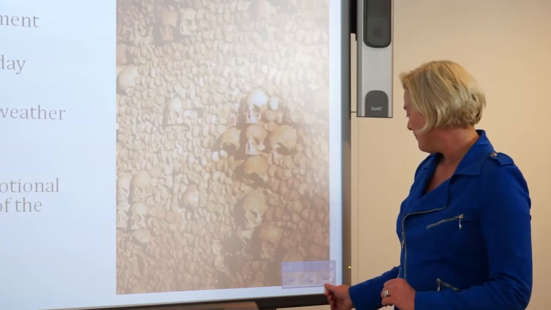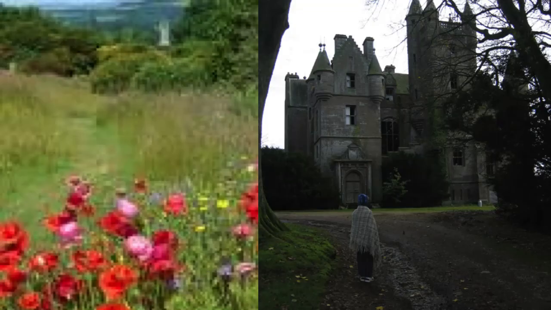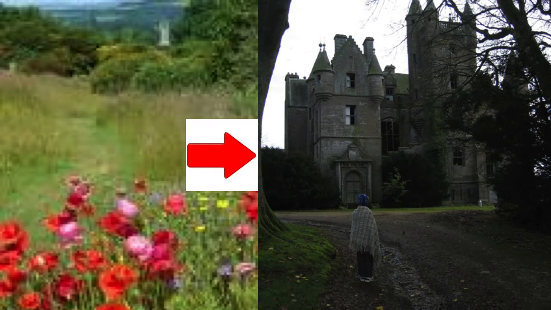I have a few slides to show you what kinds of things settings can be and how they can work. Here, for example, one possible setting could be this very gloomy castle. Dark, spooky, scary, gray skies.